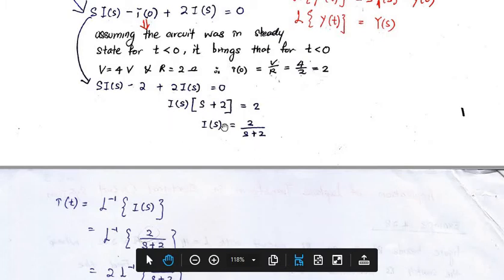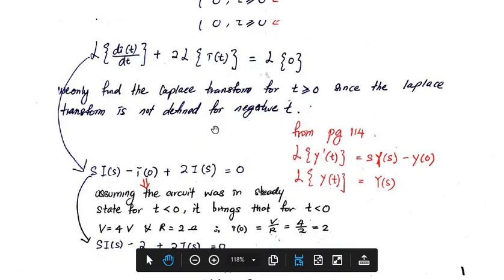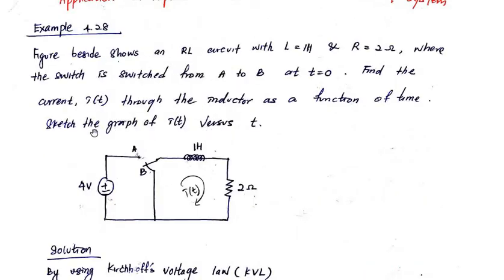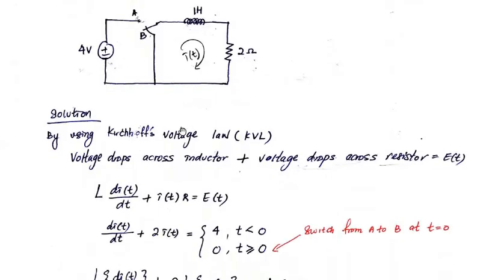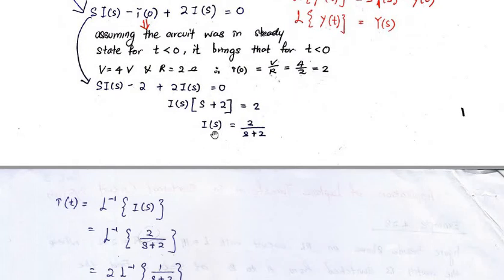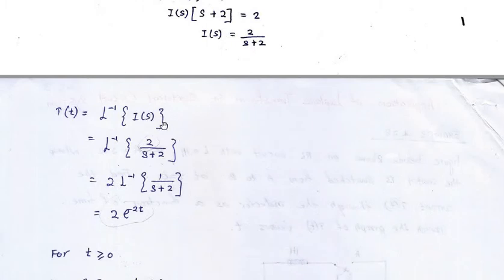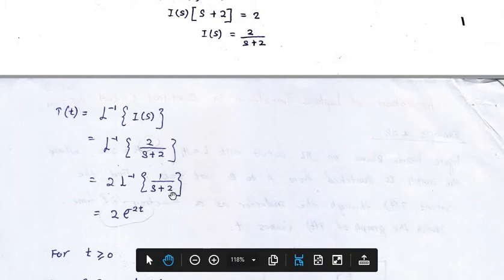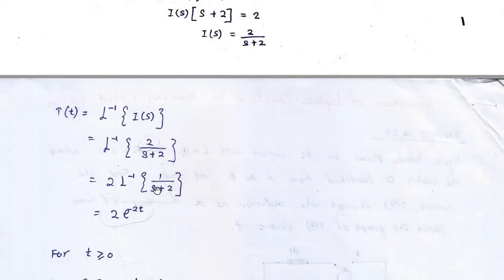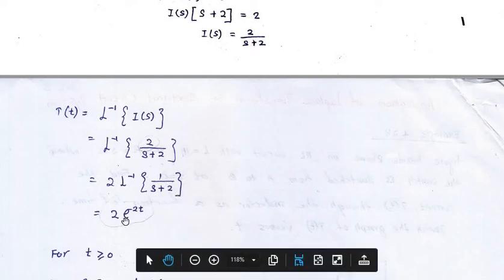Since we have I(s), we need to get i(t), because the question asks you to sketch the graph of i(t). So take the inverse Laplace transform of I(s). I(s) is 2 over s plus 2, where 2 is just a constant, so take it out. From the Laplace transform table, the inverse Laplace transform of 1 over s plus 2 is e to the negative 2t.